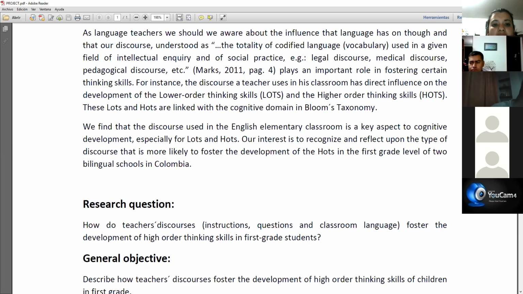In a rationale, you have to include the benefit of researching that topic, especially in your own context, how it will impact the context you are teaching or your profession as such. That would be the part that is missing. Perfect. Thank you, teacher.